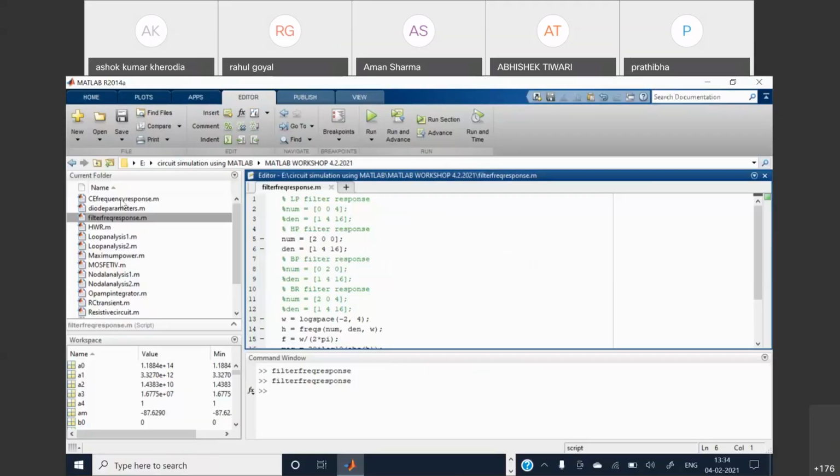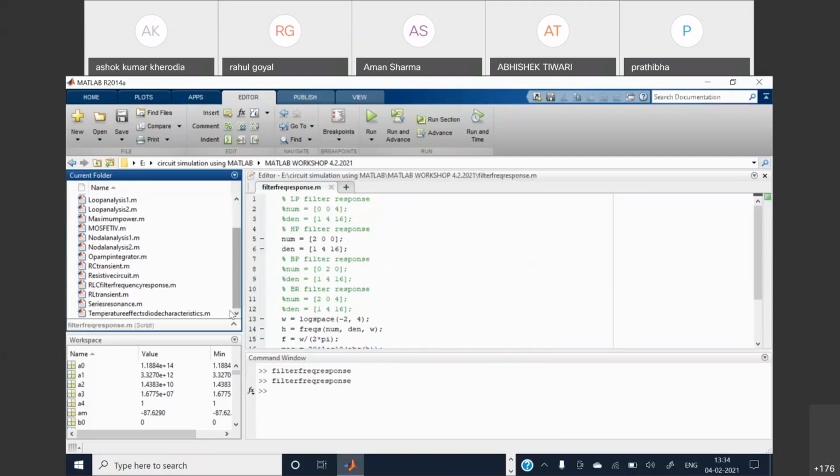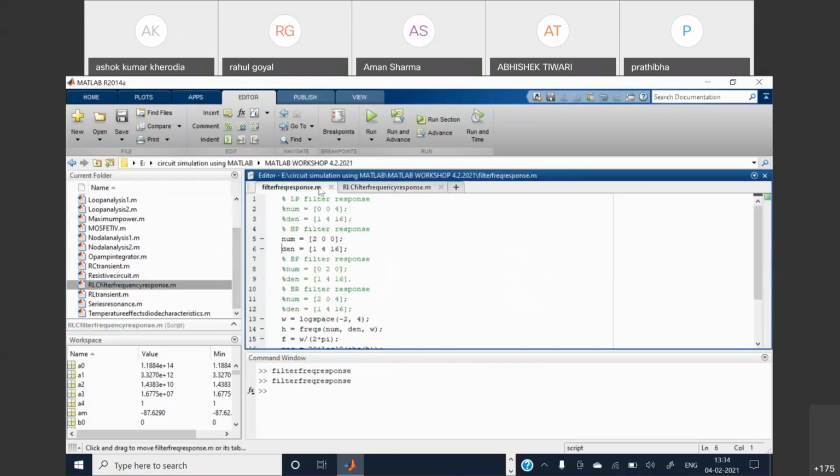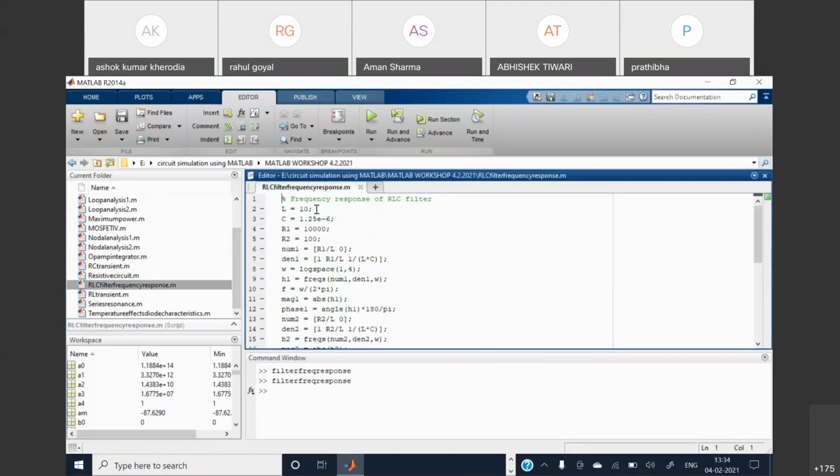See here, the RLC frequency response. I've entered the values of L, C, R1, R2. I computed numerator 1, denominator 1. Then I use the same logspace.